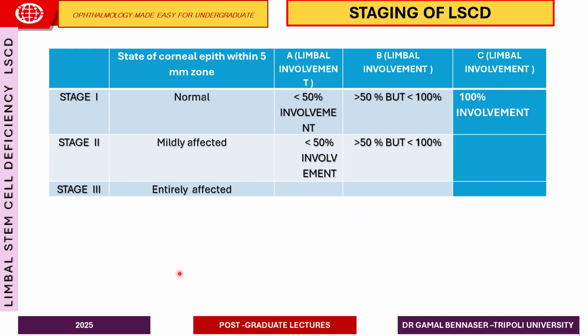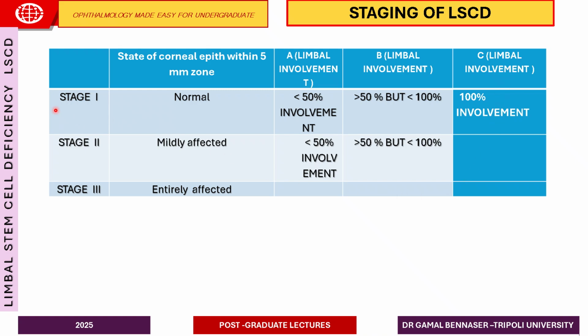Now, the staging is divided into two parts. The main staging is stage 1, stage 2, stage 3, and these are based on the status of the central 5 mm zone of the cornea. However, the substaging A, B, and C is related to the limbal involvement.